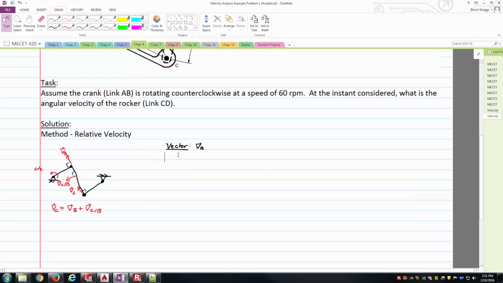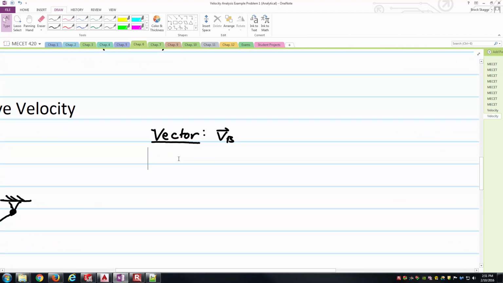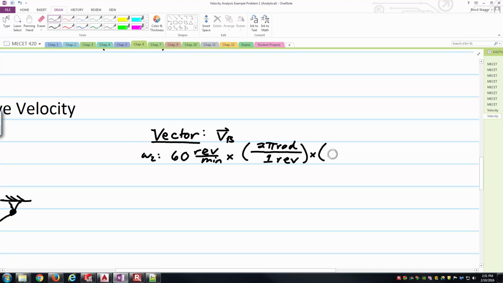Right now the angular velocity of the crank is at 60 RPM, and I need to convert that, so we're looking at omega 2 here. It's currently at 60 revolutions per minute, and I need to get this to radians per unit time. Here I'll use radians per second. So we have 2 pi radians for every 1 revolution, and then there's 1 minute for every 60 seconds.